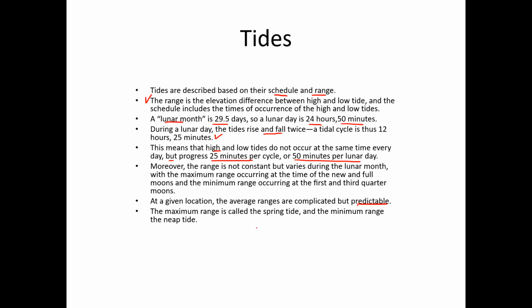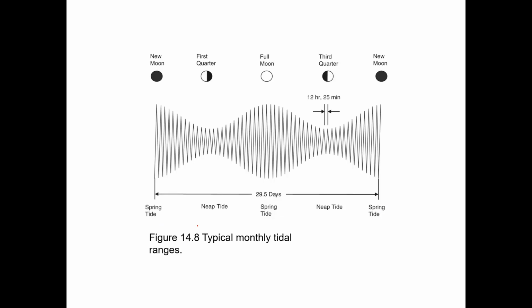The maximum range is called the spring tide, and the minimum range is called the neap tide. Here is a figure that looks at the typical monthly tidal ranges. You can see here the neap tide and the spring tide over the course of a 29.5-day lunar month.